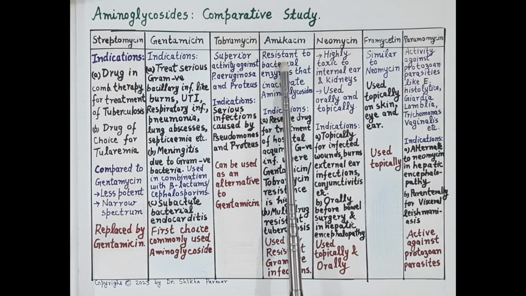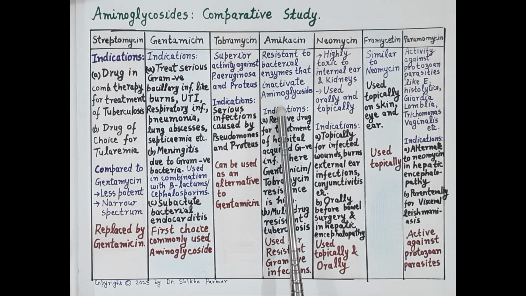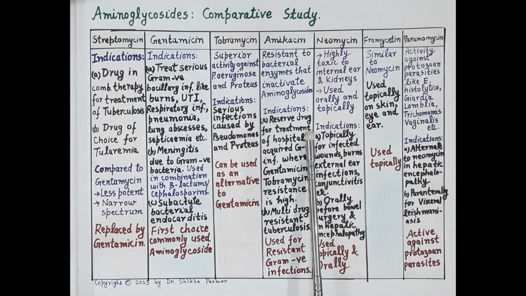Now, the next aminoglycoside is amikacin. One of the main advantages of amikacin is that it is resistant to the enzymes produced by the bacteria that inactivate aminoglycosides, and therefore it is used as a reserve drug for the treatment of hospital-acquired gram-negative infections where gentamicin or tobramycin resistance is high.